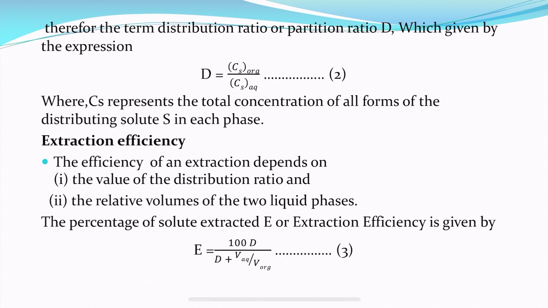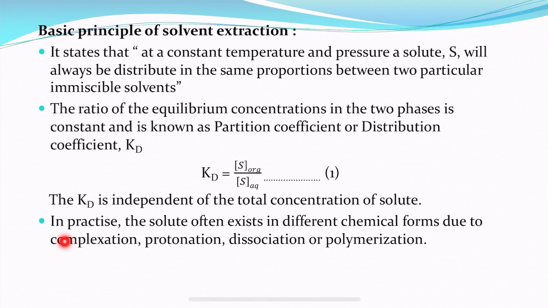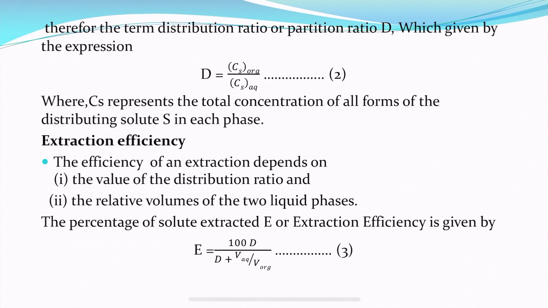So, if no interactions involving solute occur in either phase, then Kd and D would be identical. That means, if no complexation, no protonation, no dissociation or polymerization has been observed, then it is understood that Kd is equal to D, that means both are identical.